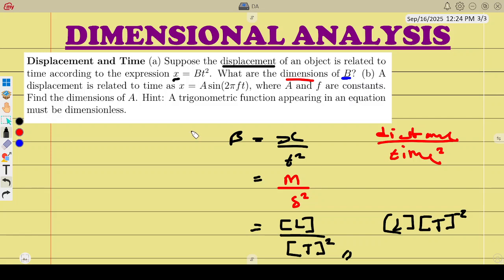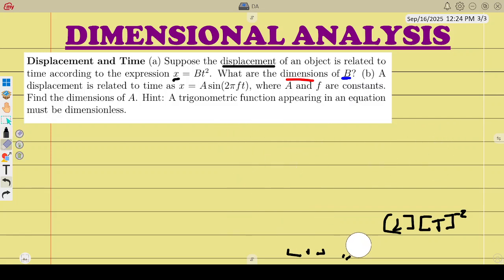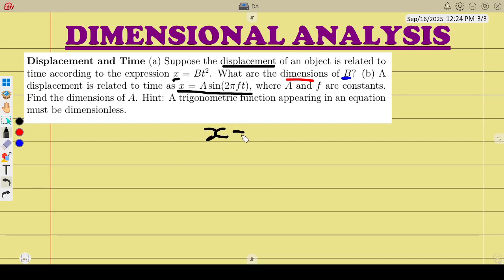So this is how you find the dimensions. Easy peasy. And then from here, what else can we do? There's another question which I don't want to do. So this one. Okay, so what if x is equal to a sine 2 pi?